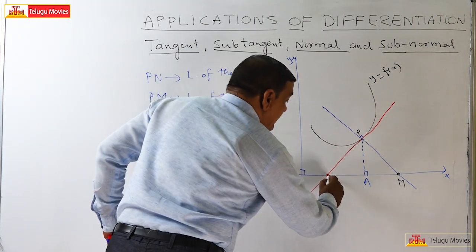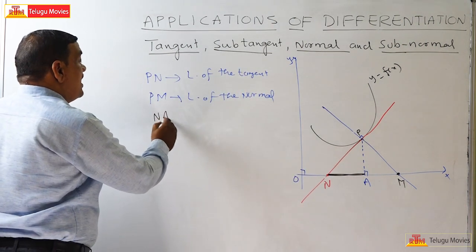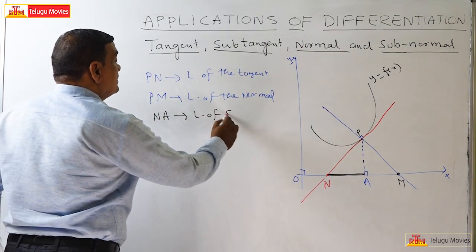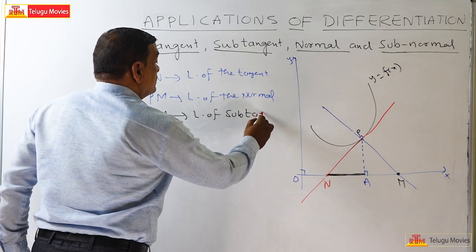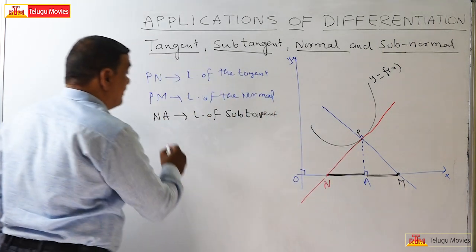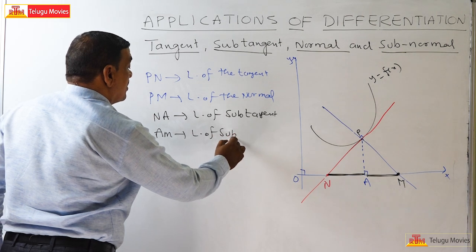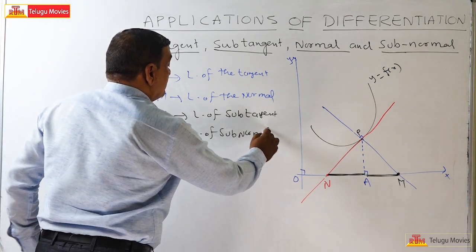Now this NA is the length of the subtangent, and this AM is the length of the subnormal.